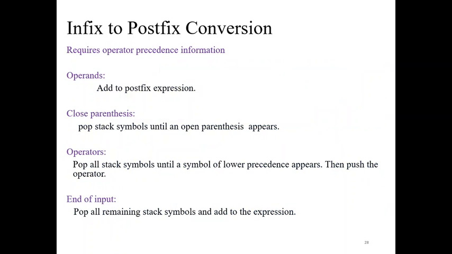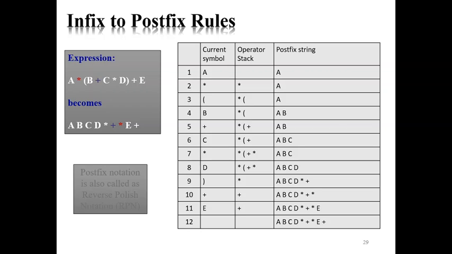As we said before, in the infix and postfix conversion, operands are added to the postfix expression. For a closing parenthesis, pop stack symbols until an open parenthesis appears. For operators, pop all stack symbols until a symbol of lower precedence appears, and push the operator. At the end of input, pop all the remaining stack symbols and add them to the expression. You can check the symbols there, the operator stack, and the postfix string.